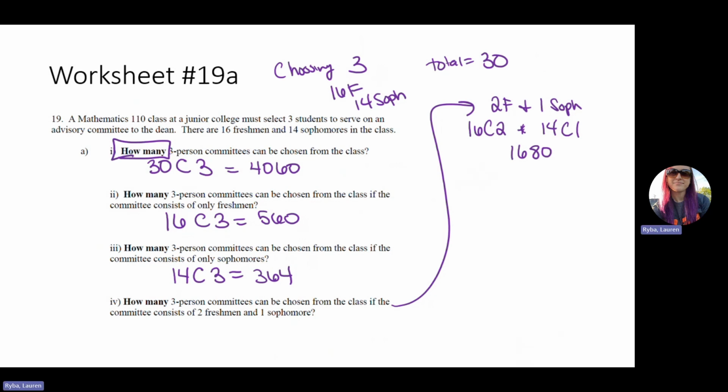Or in this case, when you find all of them, this is actually going to be the denominator for all of them. So if this is a specific one of only freshmen, the next question we're going to ask, the probability that I pick only freshmen, will then create the fraction with these 2 values. So how many just means do the combination part.